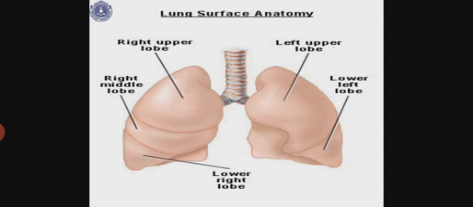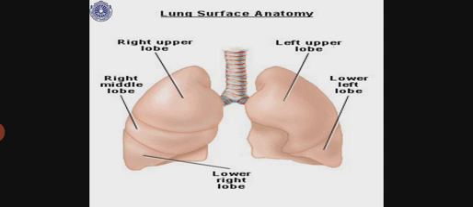These lungs are covered by a membrane called the pleura, which is further subdivided into two sublayers: the outer parietal pleura and the inner visceral pleura. Between these two pleural layers there is a space called the pleural space, filled with a fluid called pleural fluid, which plays an important role in the process of breathing, as well as providing lubrication for the expansion and contraction of the lung volume.